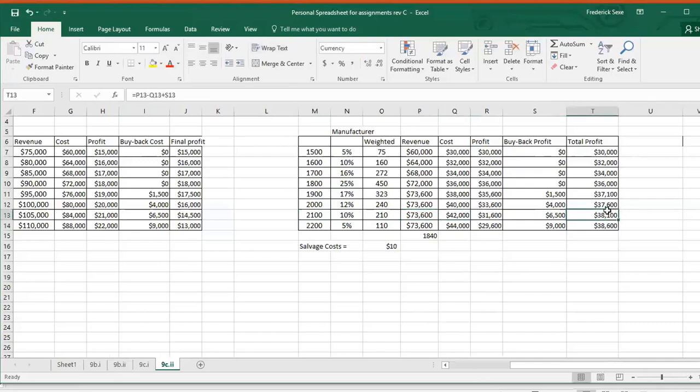They make more money. So yeah, in this instance, they'll build 2200. Why not? So in these columns, remember that each entity maximizes their profit regardless of what the other party does. That's important. Okay.